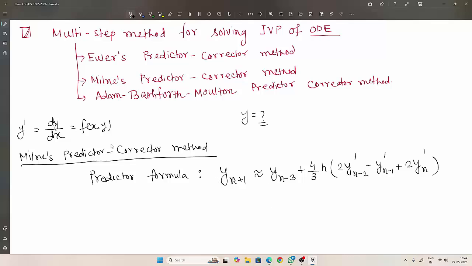So this is the predictor formula. Now you can realize that this is not a very easy formula, and remembering this is also not a very easy job.